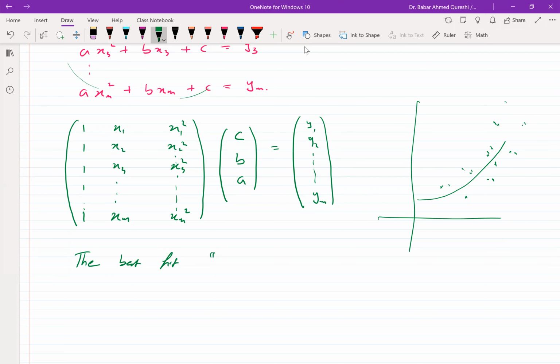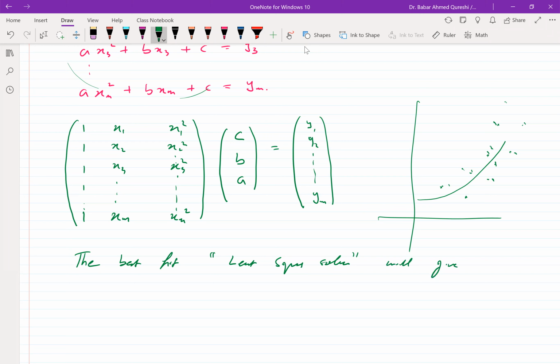which I'm calling the quadratic least squares. It is just a name, probably a bit misleading. Least squares solution to this kind of linear system. So the solution doesn't exist, but a best fit kind of solution exists.